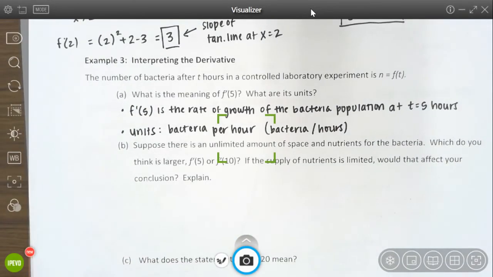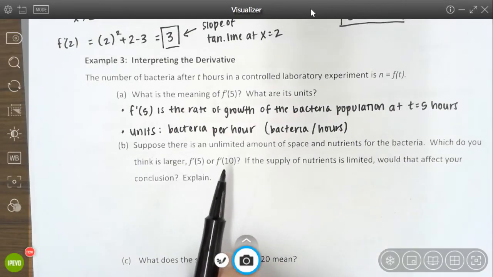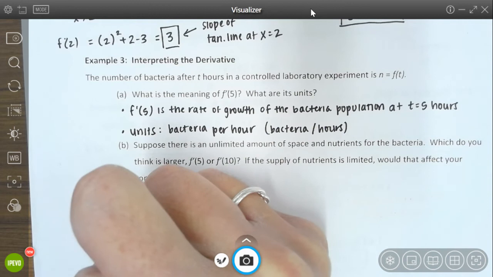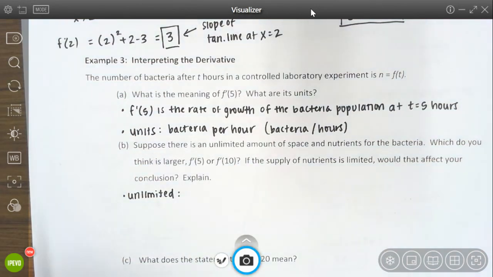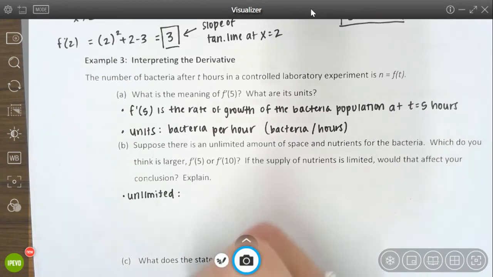All right, so suppose there's an unlimited amount of space and nutrients for the bacteria. Which do you think is going to be larger, f prime of 5 or f prime of 10? Remember that these 5 and 10 represent the number of hours. So if we are unlimited, I would probably say that f prime of 10 would be larger, because if the bacteria is going to keep on growing, then the amount after 10 hours would be larger than that after 5 hours.